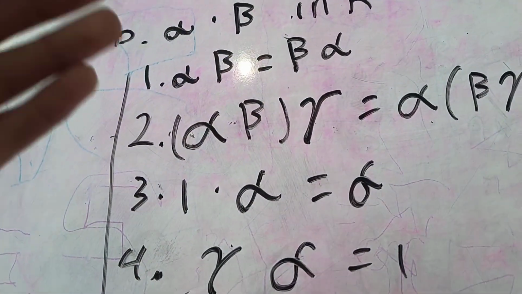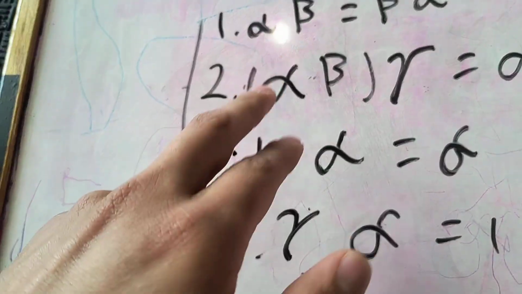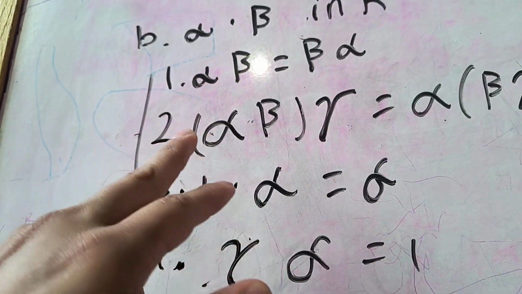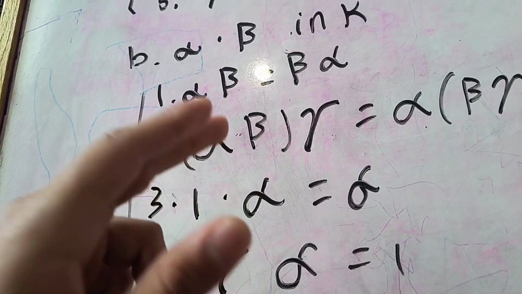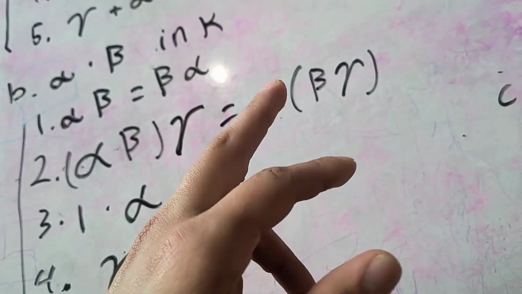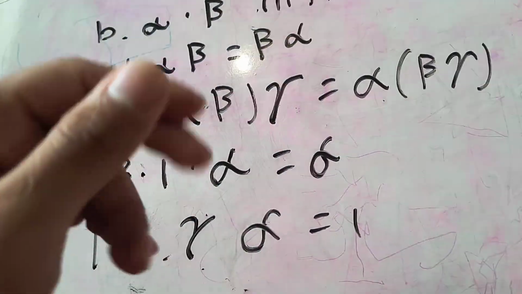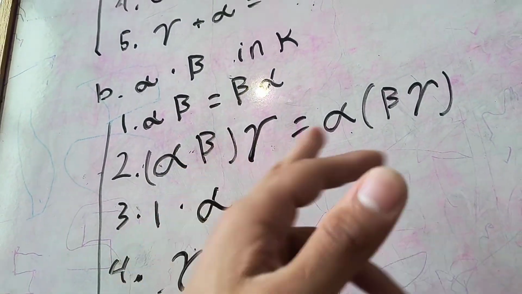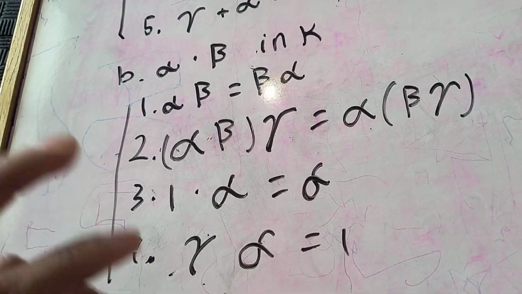This has to apply to the set, or it's not a number field. The second product rule is that alpha times beta times gamma is associative. So we have a commutative and an associative property.